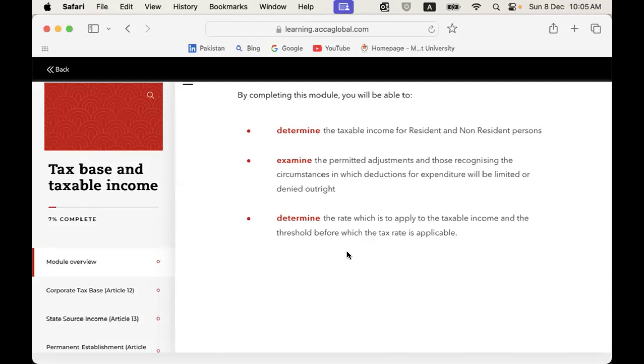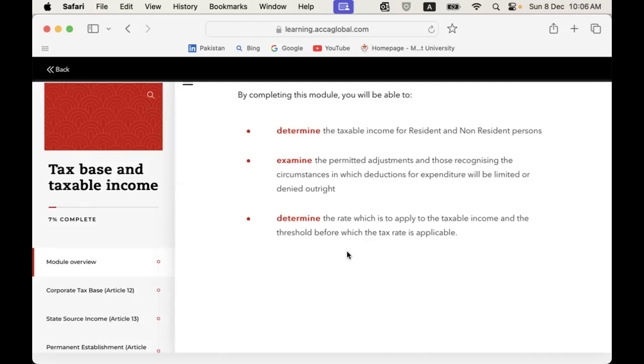Base also refers to basis, because a person's residence and the source of income, it could be the geographical source of income, those things matter.